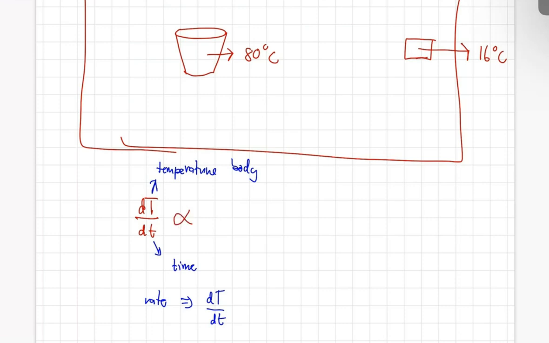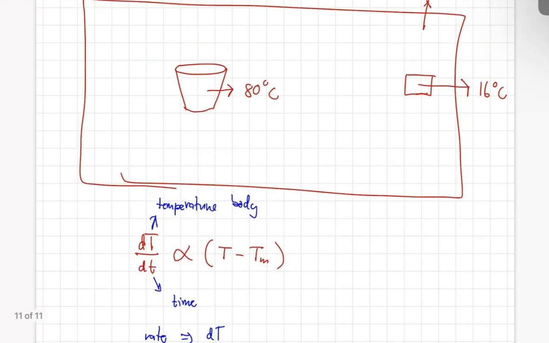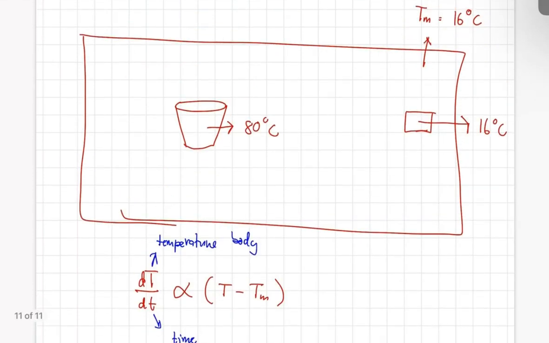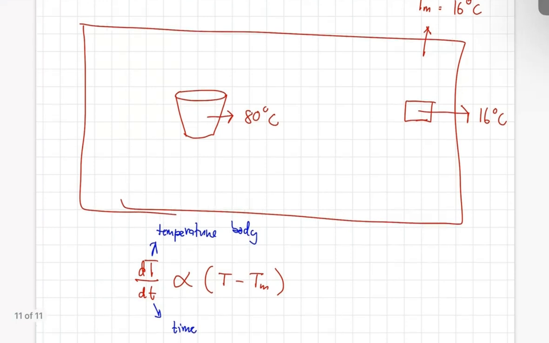The symbol for proportional is this one, proportional to the difference between the temperature of the body, the coffee, and the surrounding. The surrounding is the room, Tm, where in this case, the difference is 80 and 16 degrees. We know that Tm is 16 degrees.